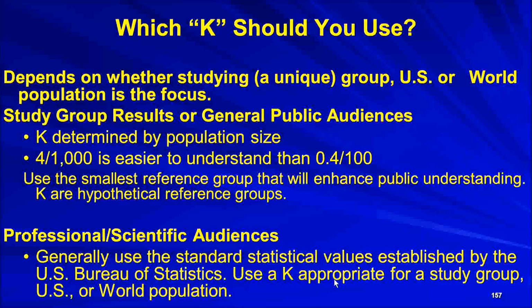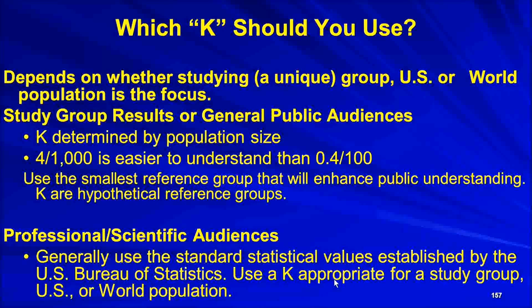You got to connect your mind to the problem that you're dealing with. So K depends on whether studying a unique group, the US population, or the world population. Okay? Study group results or general population audience, K is determined by the population size.